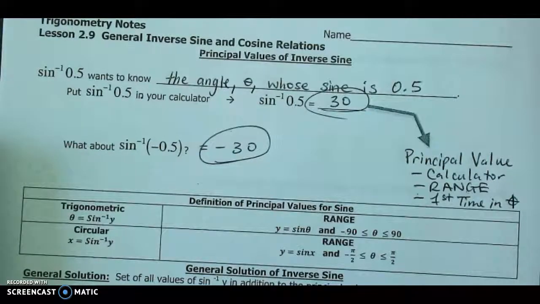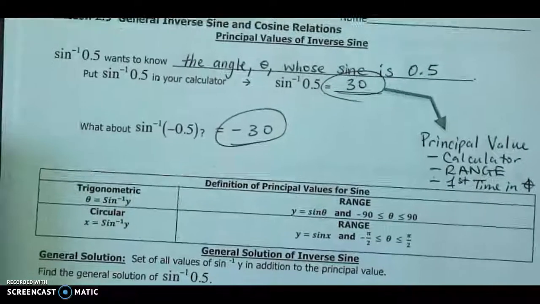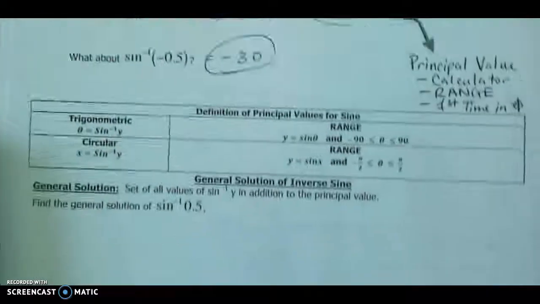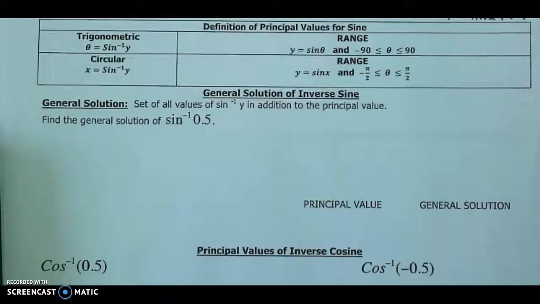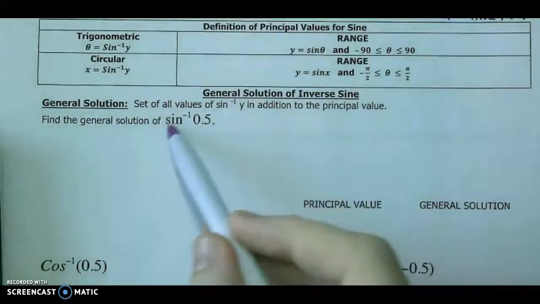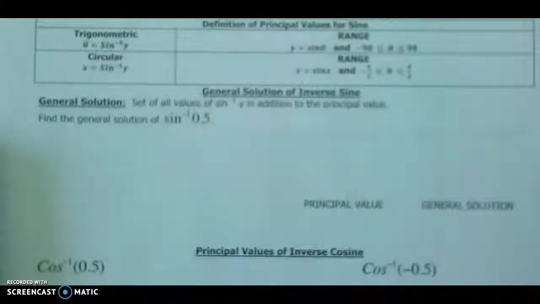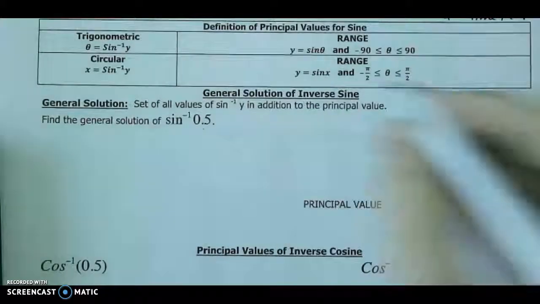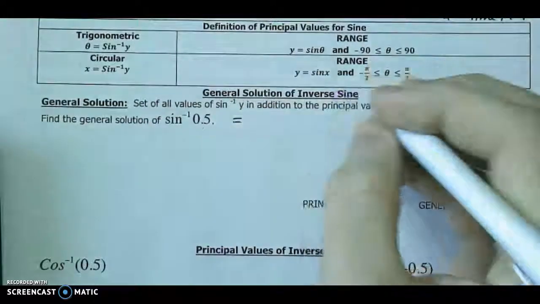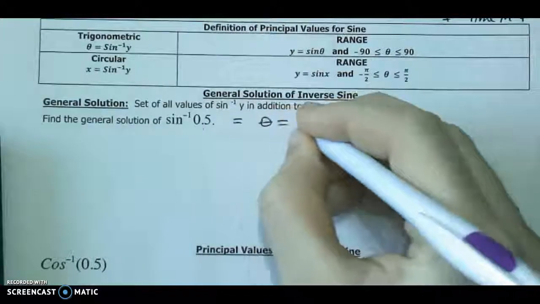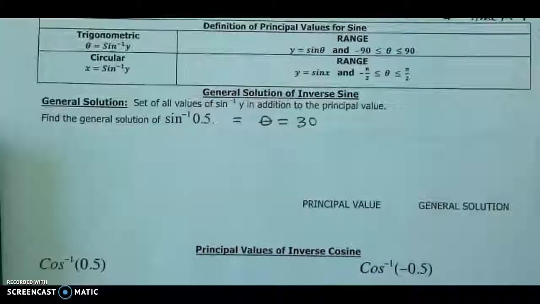So what if I want more than the principal value, like we were talking about with the 210? What if I want all of the answers, all the possibilities? Well, that's called a general solution. So if I look for inverse sine of positive 0.5 and I get 30, then I would say that my answer is, theta is 30. But I can find all my coterminal angles to 30, and they also should give me 1/2.